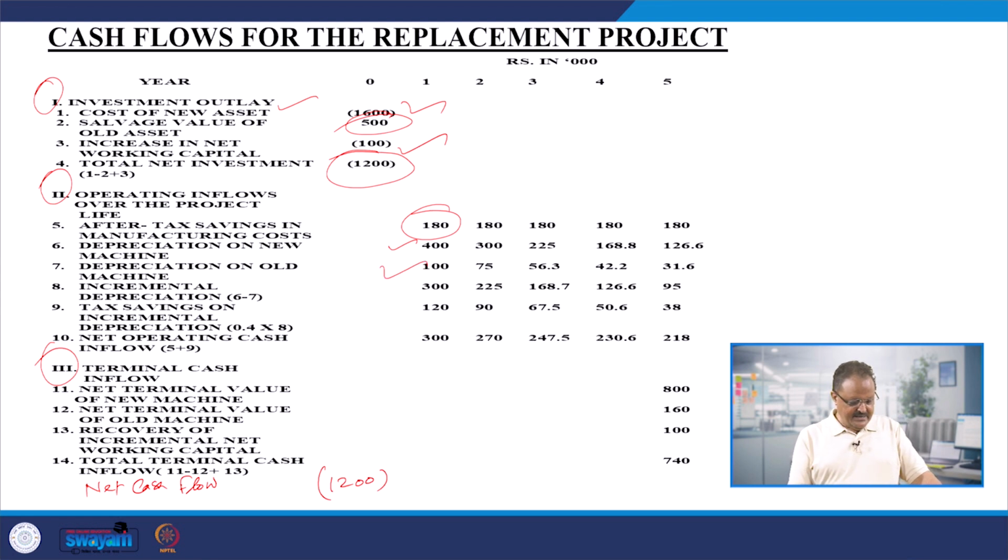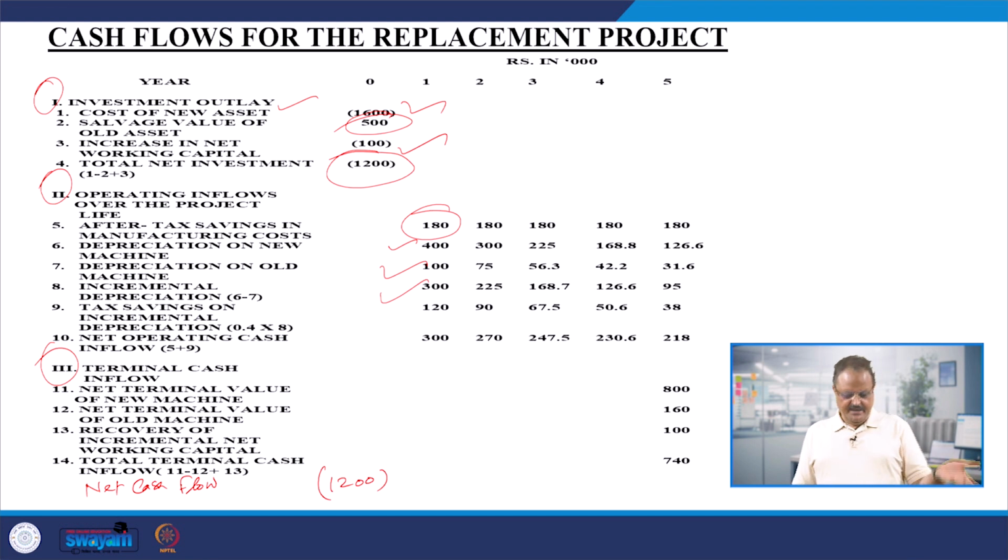So the incremental depreciation is only 300, and on this 300 you have to take into consideration the tax savings on the incremental depreciation. When the cost is going to increase, depreciation is going to increase, because earlier the price of the old machine was less, so depreciation was also less, which was only 100, but now the depreciation, a non-cash expense, has become 400. The net difference would be 300.